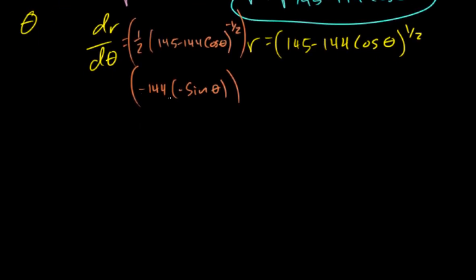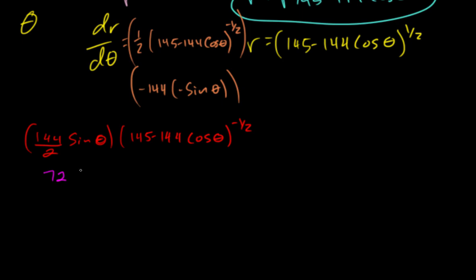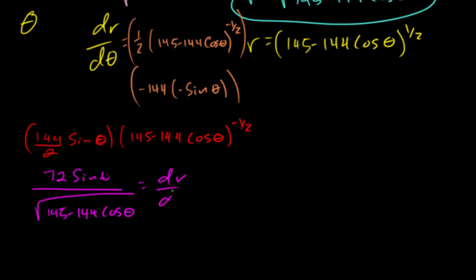These negatives will cancel, so I have 144 sine theta times 1/2 times 145 minus 144 cosine theta raised to the negative 1/2. If I divide those, I get 72 sine theta, and then I'm going to put this on the bottom under a square root, and this is our dr d theta.